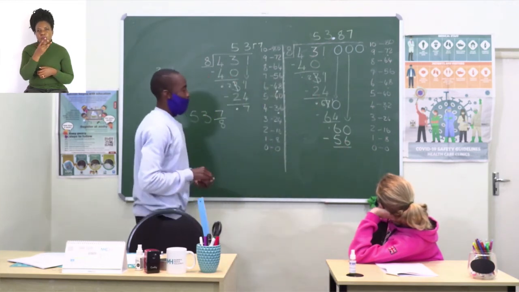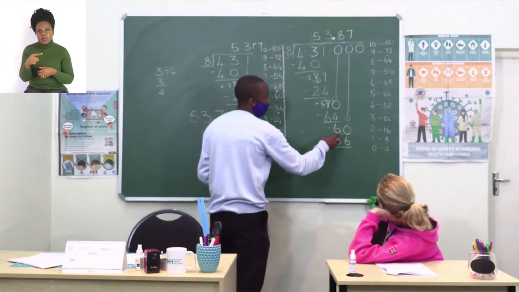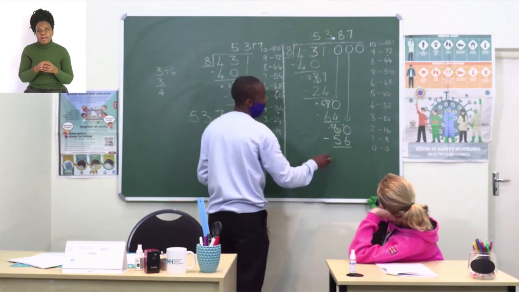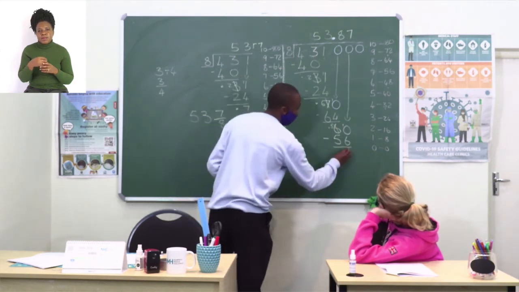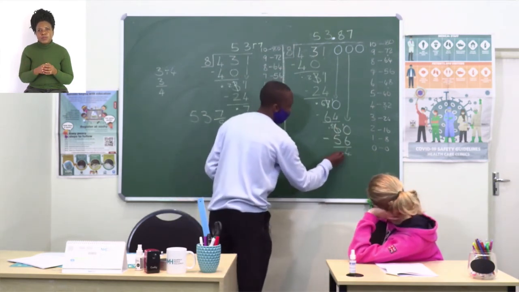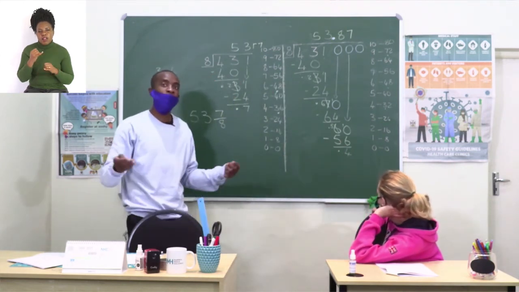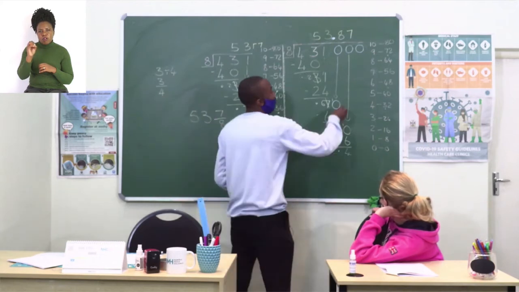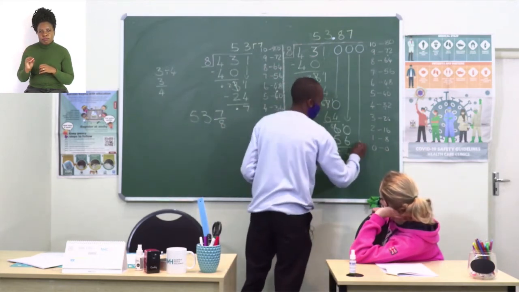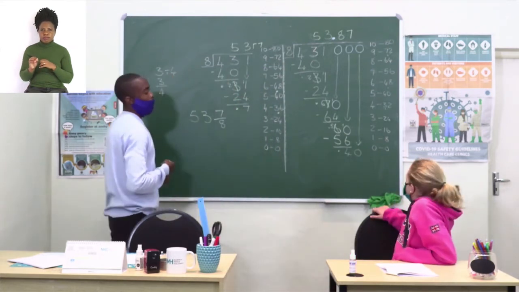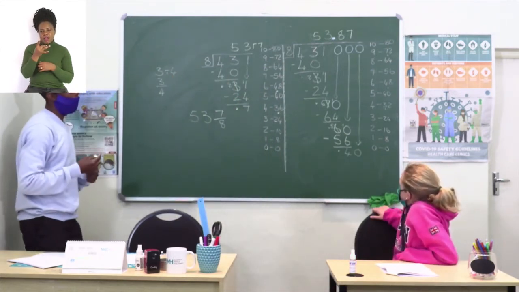Now, I will then say 0 minus 6, I can't. Then I'm going to ask here. Then I say 10 minus 6 will give me 4. 5 minus 5 is just 0. Next, I will drop my next placeholder, which is 0, and now I will have 40.